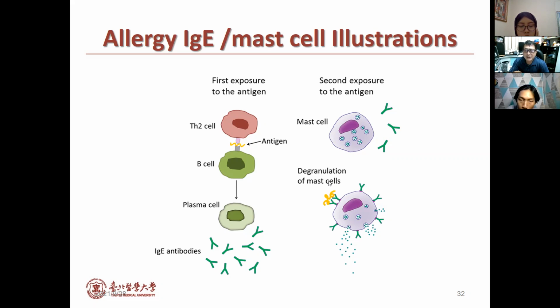Those IgE will stick onto mast cells and recognize pollen, and the pollen will activate those mast cells. We know mast cells can secrete a lot of histamine, causing our runny nose, coughing, and fever. That's the reason for allergy through the mast cells, through the IgE.